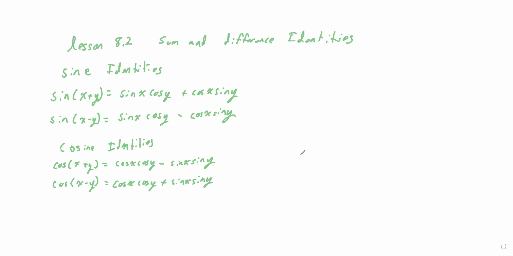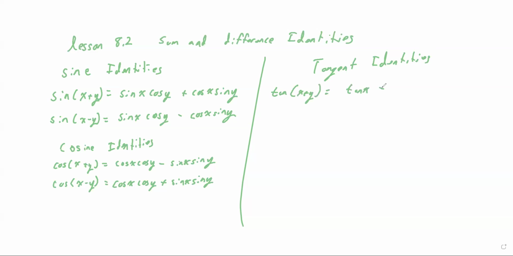And then you have your tangent identities. They are tan of X plus Y equals tan X plus tan Y divided by 1 minus tan X tan Y. And then your tan of X minus Y, again, the only thing that changes is the sign.